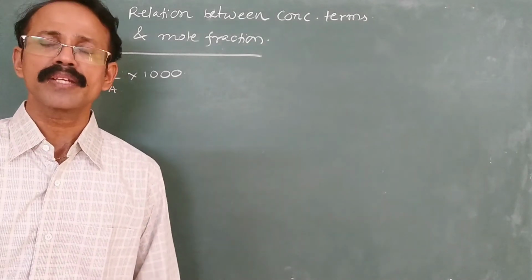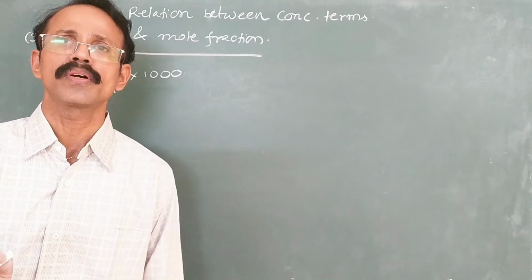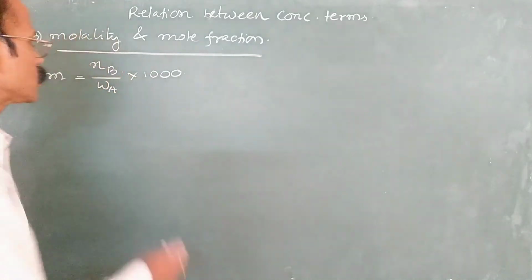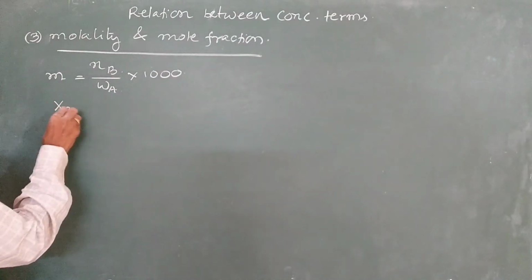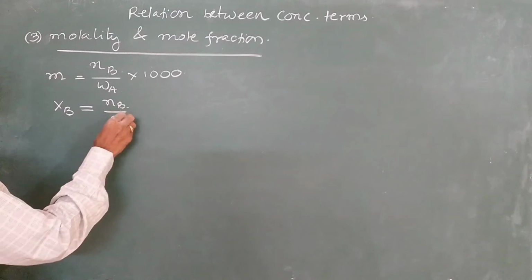And what is mole fraction? Mole fraction of solute is equal to the ratio of number of moles of solute to total number of moles of the solution, right? So mole fraction of solute is equal to number of moles of solute divided by total number of moles.